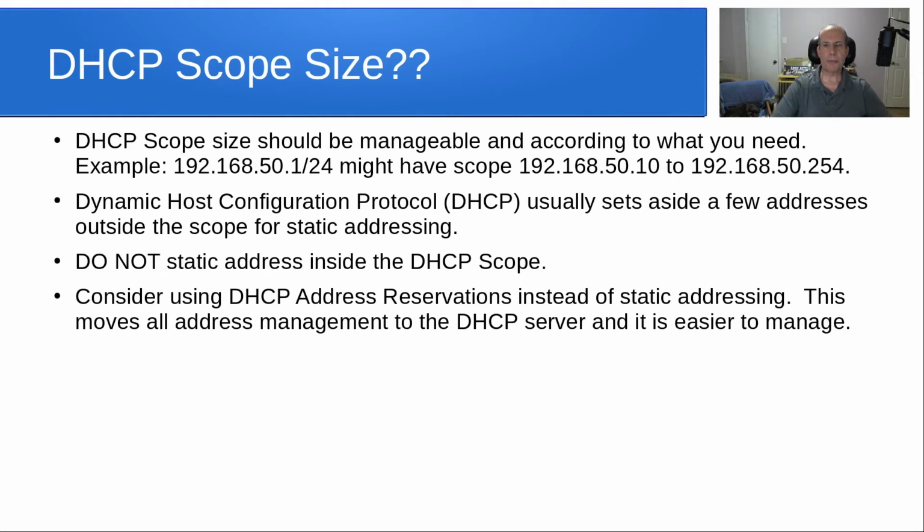Different routers have different ways to do it, but that's what's called a DHCP address reservation. So it's effectively the same as a static address. The only difference is it's managed at the router, and that's what I consider a best practice.